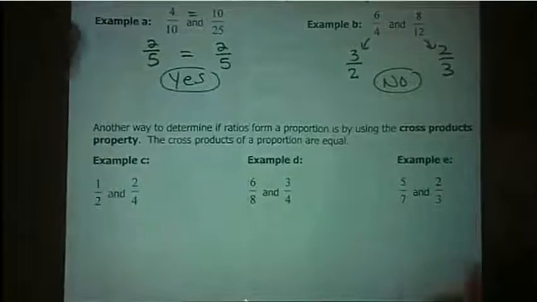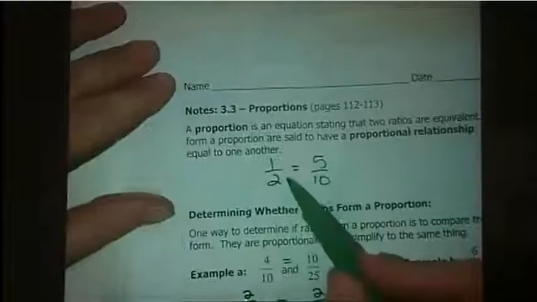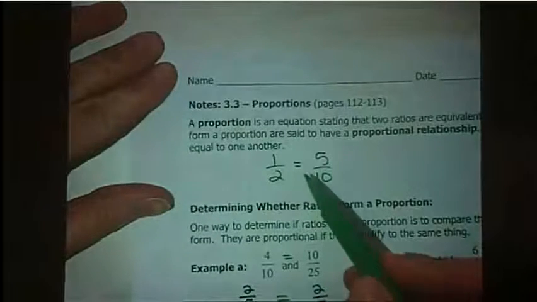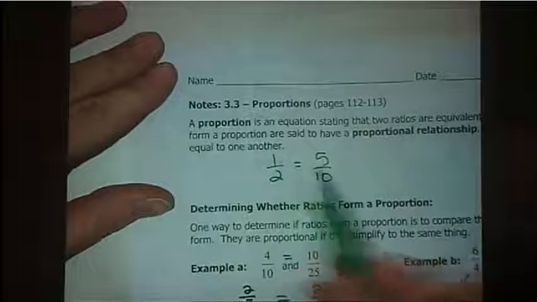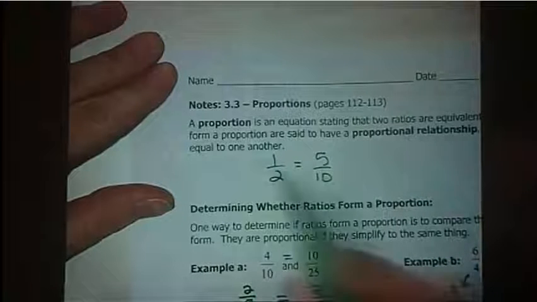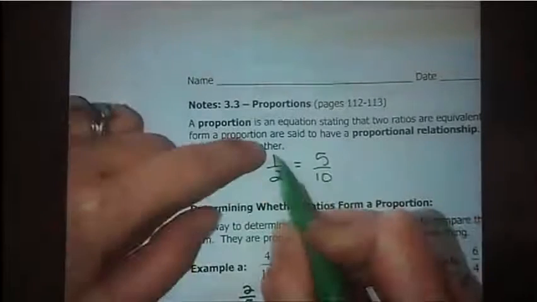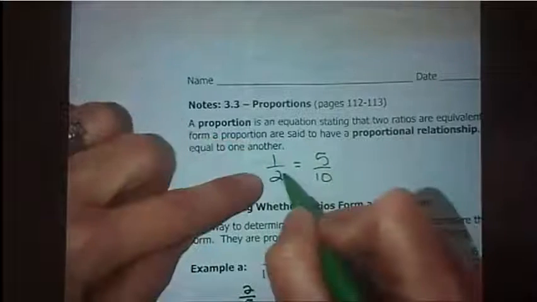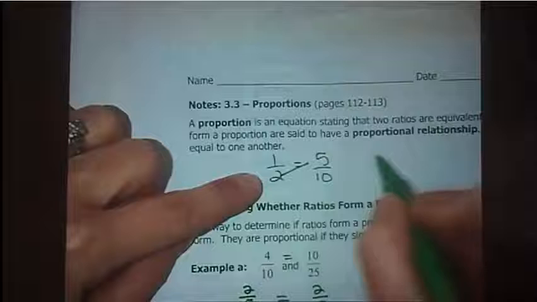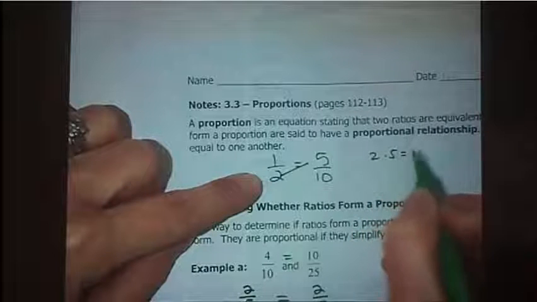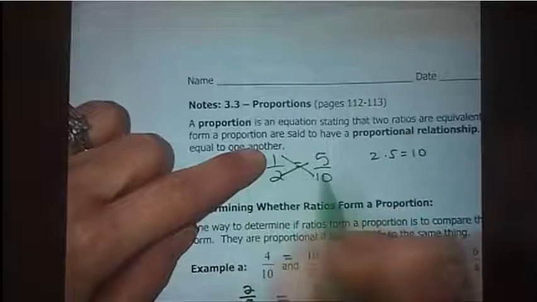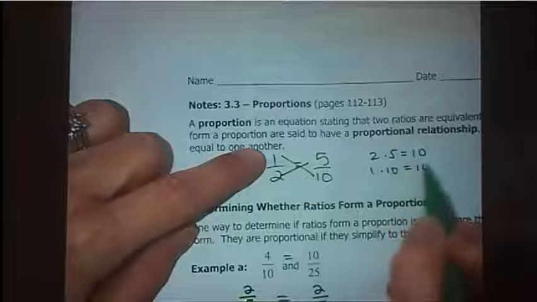So I can show you, go back up to this first example. I have 1/2 and 5/10. We said that these two were proportional, that they were equivalent to one another. If I multiply and get the cross products, you can see that 2 times 5 is 10, and 1 times 10 is 10.